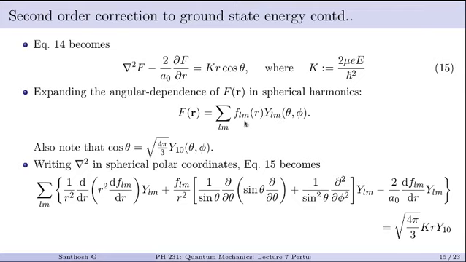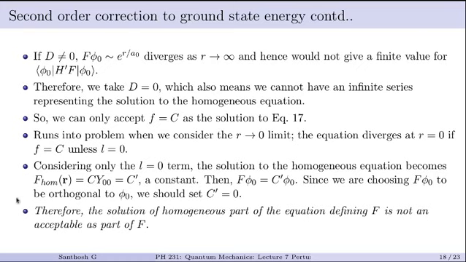Since Y00 is a constant, this would mean that f homogeneous is another constant. Now what will be f homogeneous times phi 0? It would then be equal to that constant multiplying phi 0.